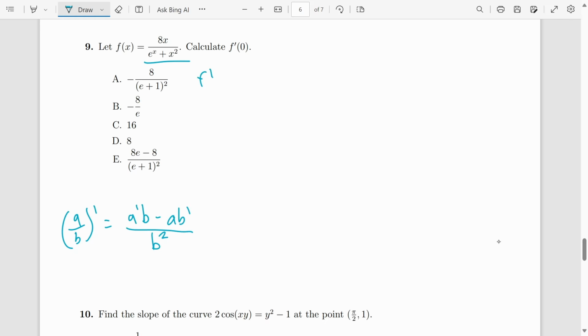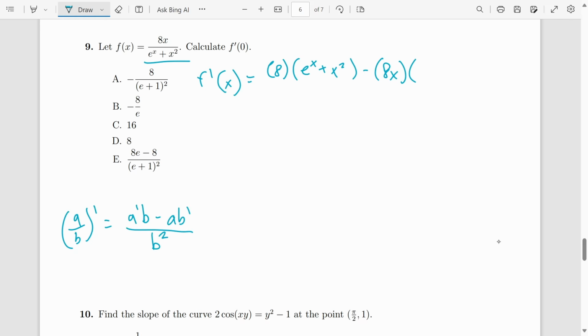So f prime of x equals, let's see, a prime, that's the derivative of 8x, so that's going to be 8, times just the bottom, not the derivative of the bottom, so e to the x plus x squared, and then minus the top, or a, which is just 8x, times the derivative of the bottom, b prime, so the derivative of e to the x plus x squared.